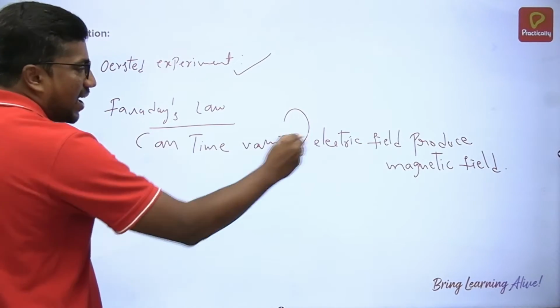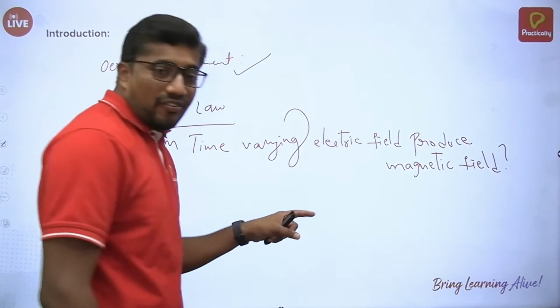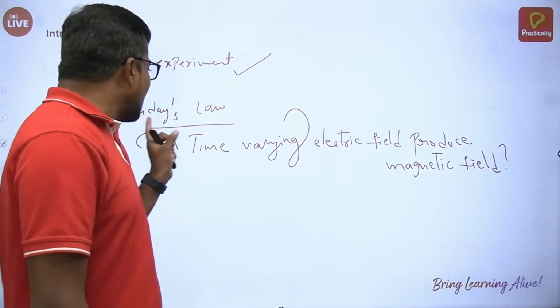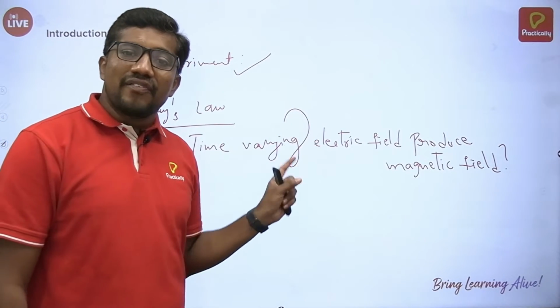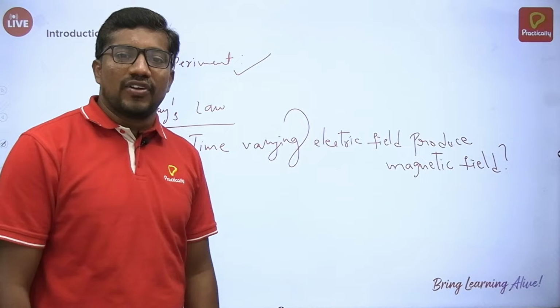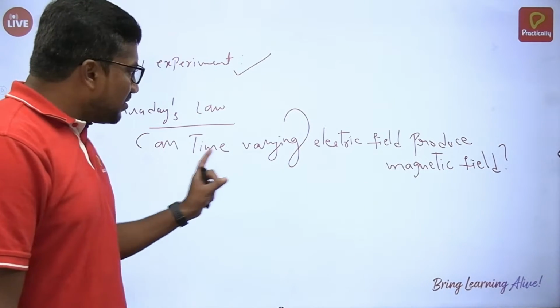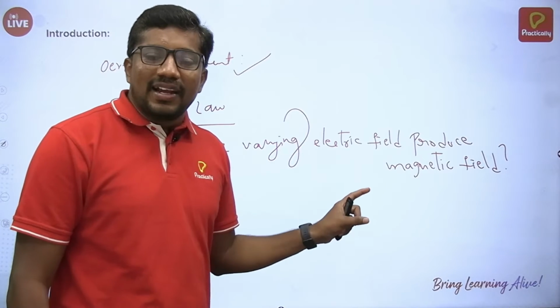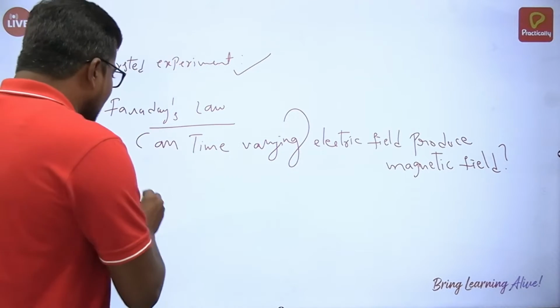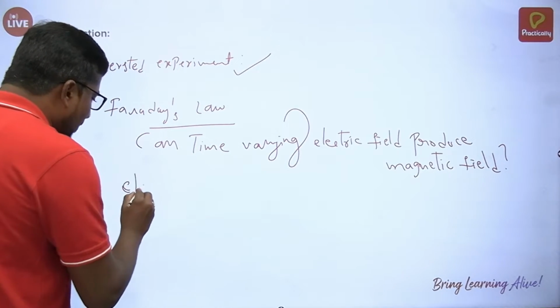The converse of the statement, that means Faraday's laws we know, a time varying magnetic field can produce an electric field. What about its converse? Actually, this is explained by another scientist called Maxwell.